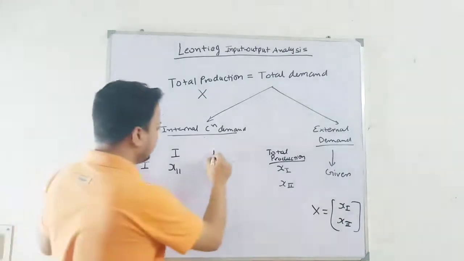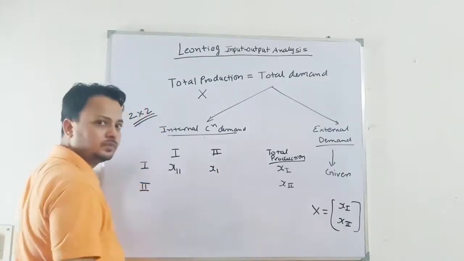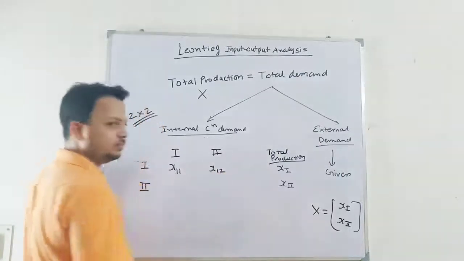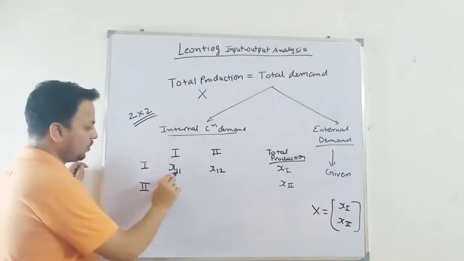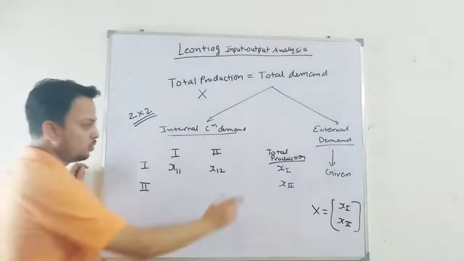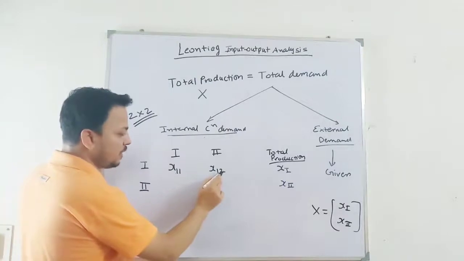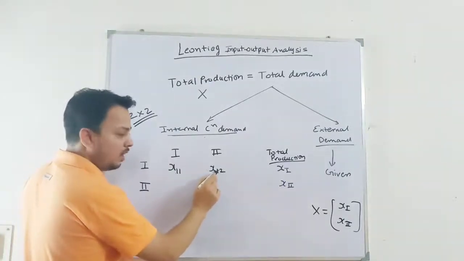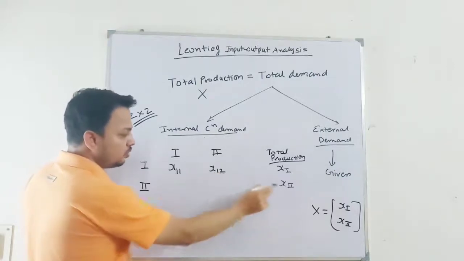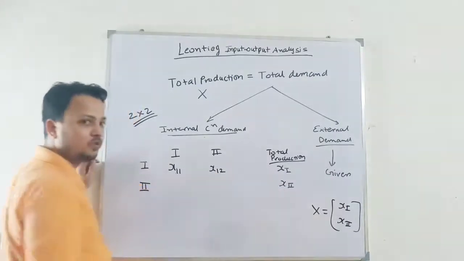And the second number, output of industry 1, is used as intermediate input by industry 2. This is the output of industry 1 used by industry 1 as an intermediate good to produce its final output. This is the output of industry 1 used by industry 2 to produce its final output. This is used by industry 2 and this is the final output of industry 2.